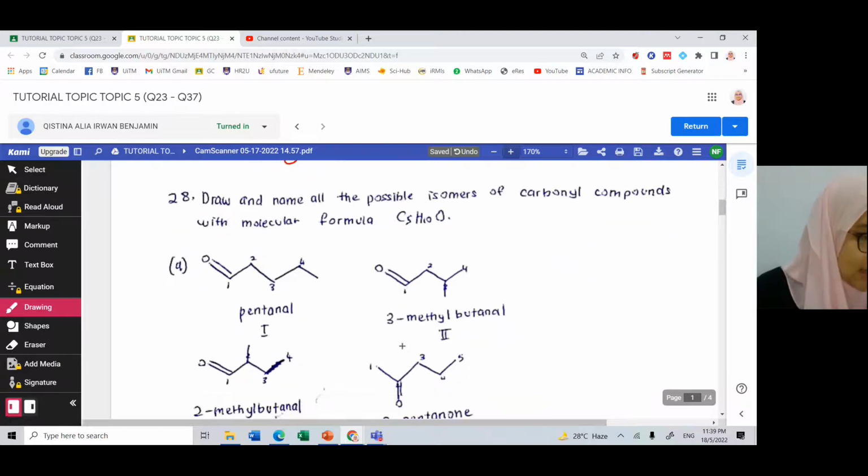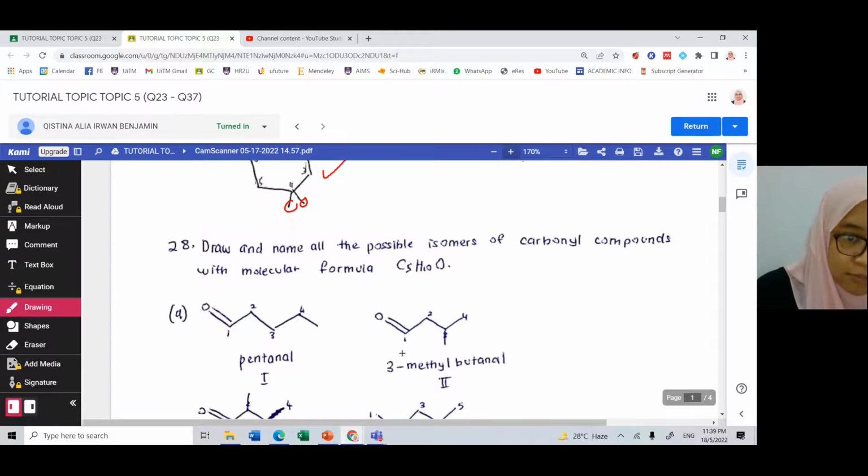Okay, 28. Let's just name the compound. Oh, no, the question says draw and name all the possible isomers of carbonyl compounds with molecular formula C5H10O. So you have to draw all possible isomers of carbonyl compounds.